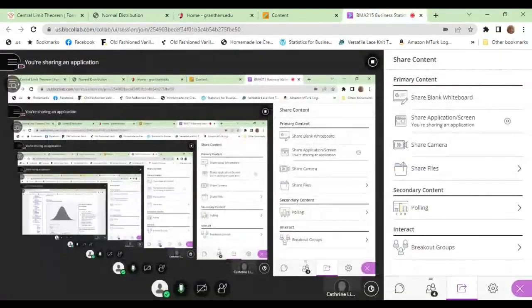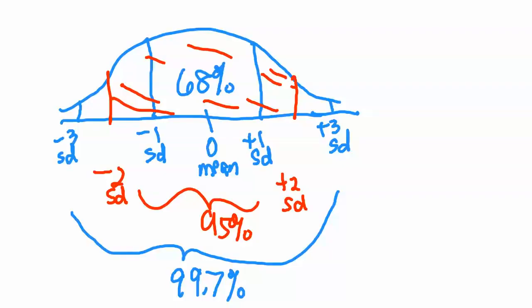So you've all heard, I'm sure, of grading on a curve. And that's using the empirical rule actually. I'm not sure if everybody's real clear on that, because I don't think that's how you'd want to be graded.